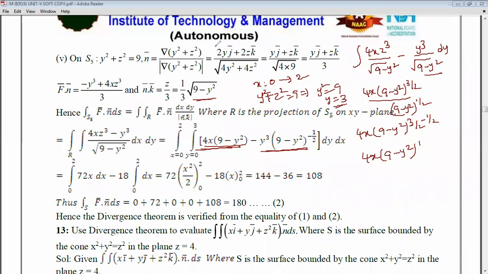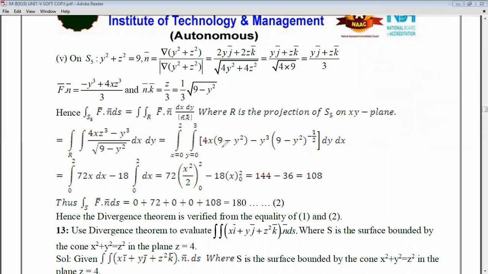And now we are going to simplify this. Here first with respect to y. So with respect to y, we have 4x into 9y minus y³ by 3, between the limits 0 to 3.